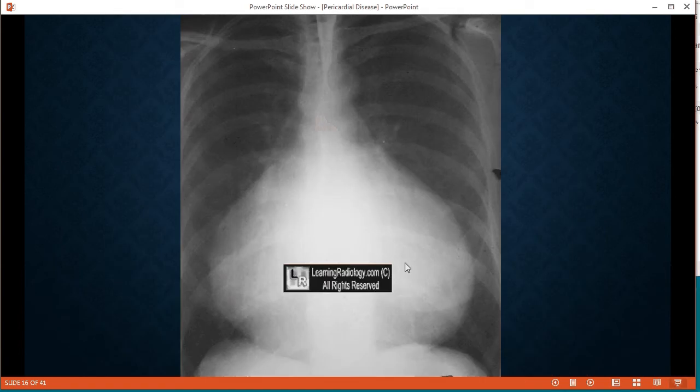Now, this is an X-ray that I retrieved from learningradiology.com, and what you see is you have a water bottle appearance, and this is just with fluid that has built up in the pericardial sac, and the fluid doesn't go in one direction or the other. It goes around the pericardial sac. And remember, if the patient is sitting upright, then fluid's going to be the most dependent, which is downward, and so this is where you get that water bottle appearance.